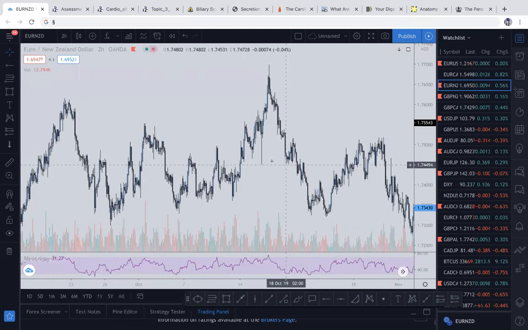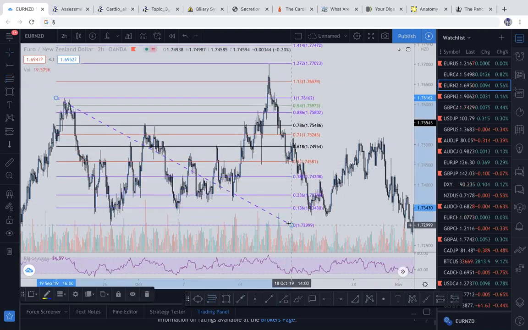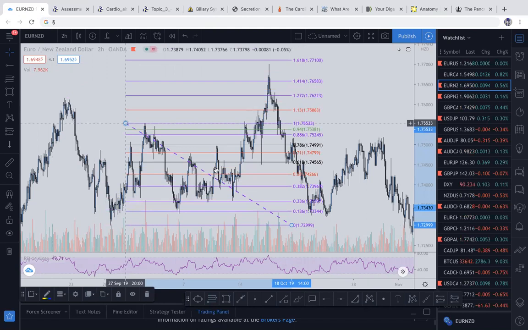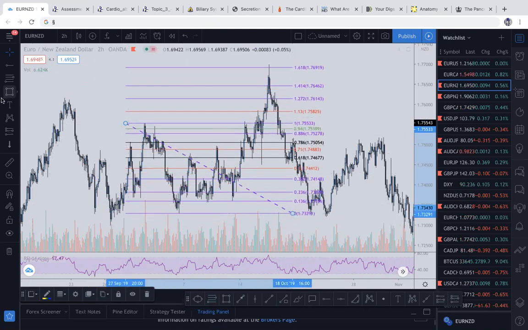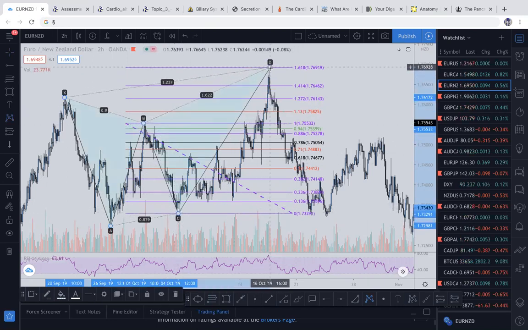This is probably a butterfly. Yes, it is a butterfly. 78.6. And look at that. Look at how sweet that one was. This was a butterfly.